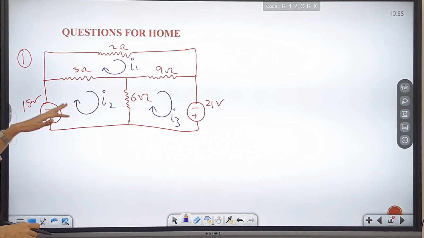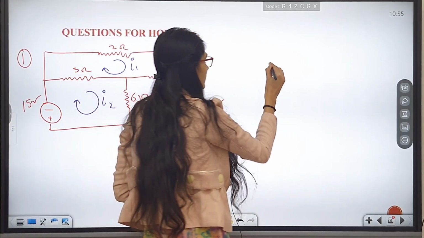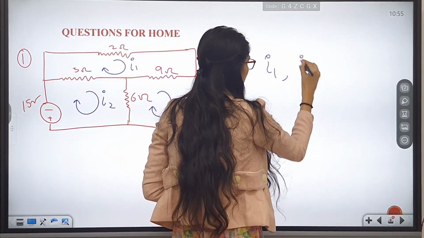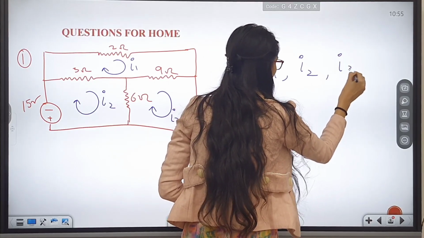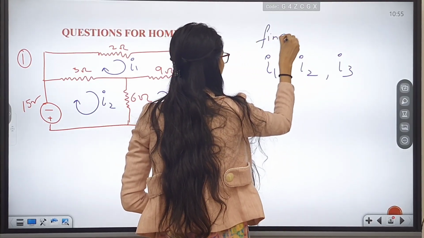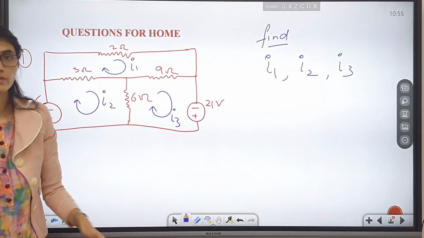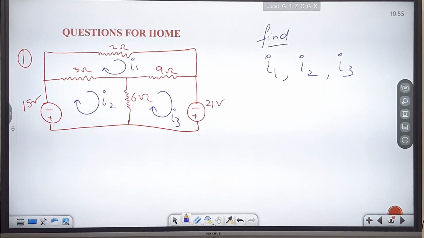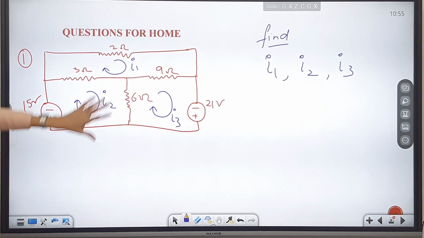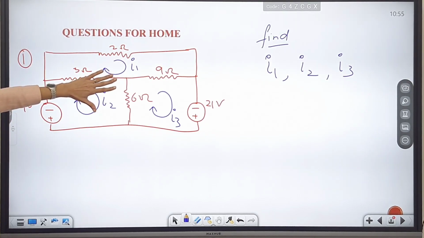You have to find I1, I2, and I3. With 3 loops, you will get 3 equations. You have 3 variables and you have to solve them. You are using KVL.